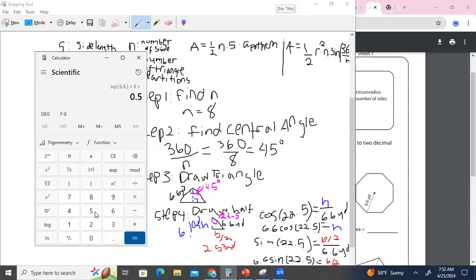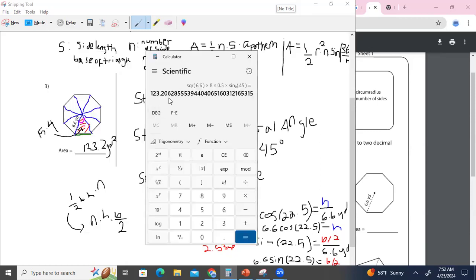And it's because half radius squared times the number of sides. Then multiply that by sine of your central angle. Our central angle was 45. So we just type in 45 here. And sine of our central angle is 0.7. And we can see we get the same thing, 123.2 yards.